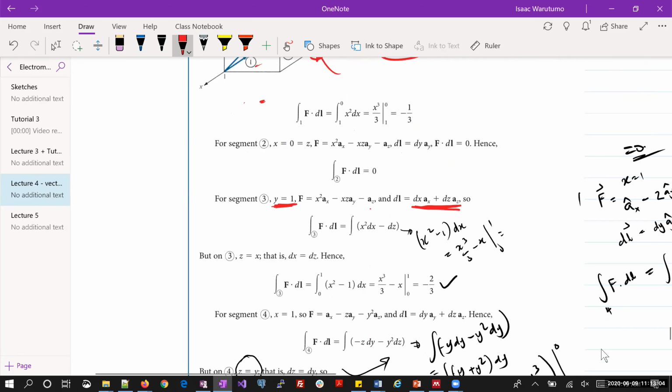So here, remember y squared became 1, and therefore we are left without any y term in that case. Therefore, we have said that my dl will have only 2 terms, dx and dz. And therefore, when you do this dot product, let's see that, because it may not be very straightforward.